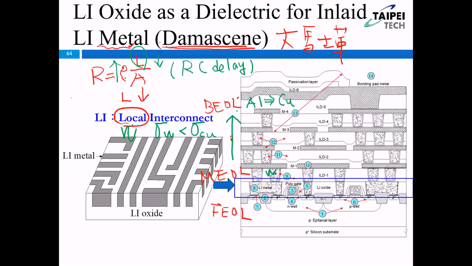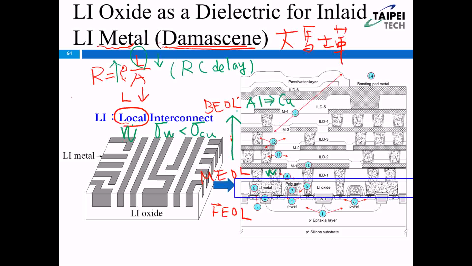Okay. So if I want to have the final pattern like here, I want to pattern the copper metal lines. For example, those two copper metal lines here and here. Our final pattern is copper here and copper here.